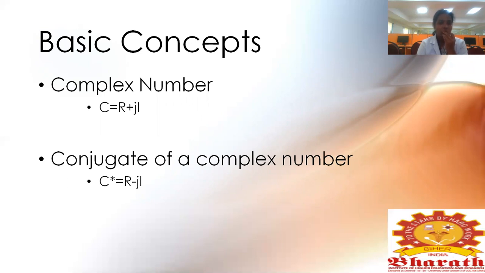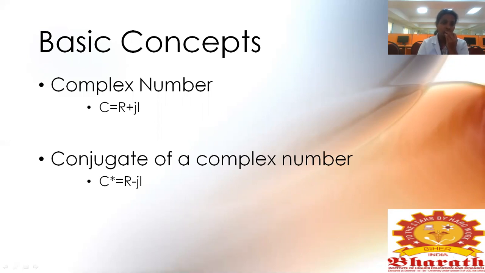So C star, which represents the conjugate of a complex number, is going to be a conjugate of a complex number, right? So now we'll identify what is a complex number and what is a conjugate of a complex number.